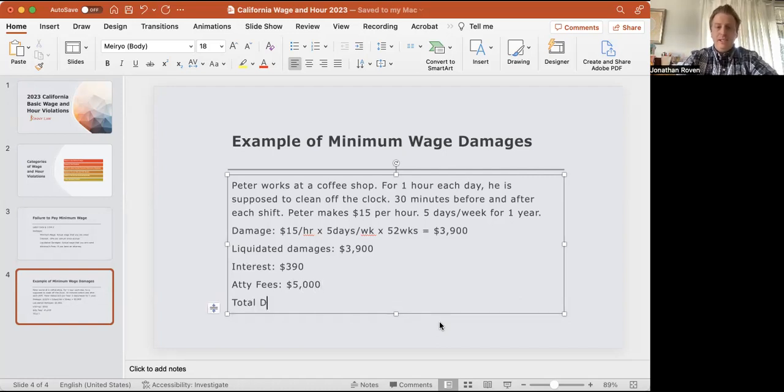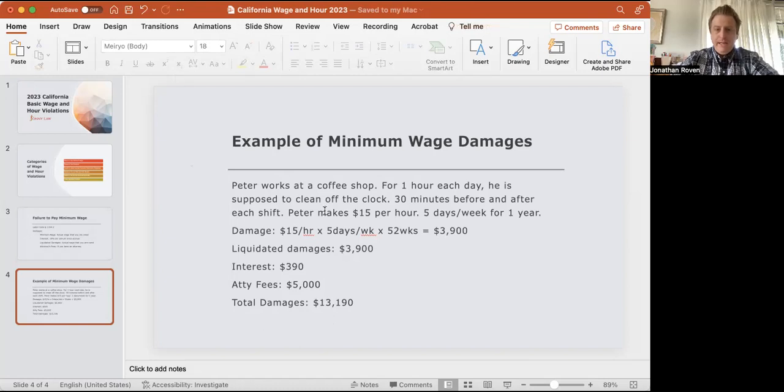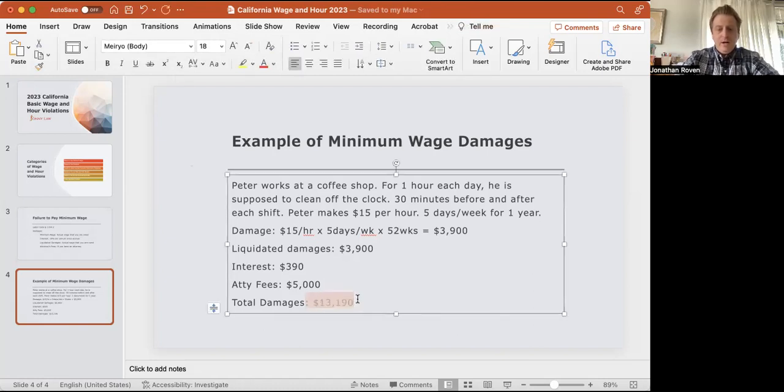The total damages at this point would be the $3,900 plus the rest. As you can see, it can be very extensive very quickly if the employer simply doesn't pay this amount and makes you wait for a year.